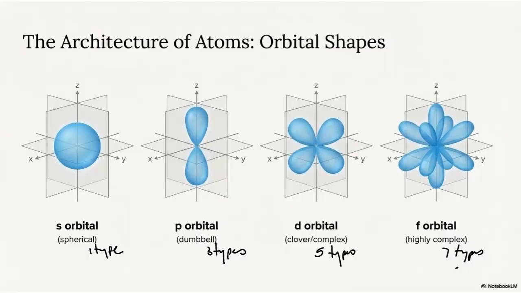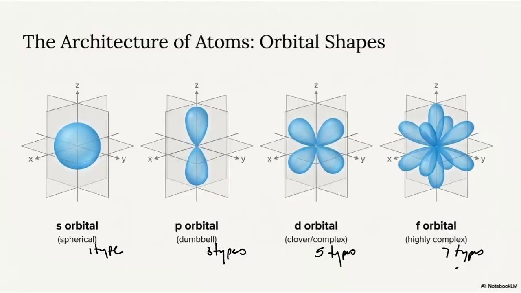Why 5, why 7, why 3? Because in a 3D space, you can rotate those suborbitals in different directions. And it happens that for the P, you can do it in 3 different directions. For the D, you can do it in 5 different directions.